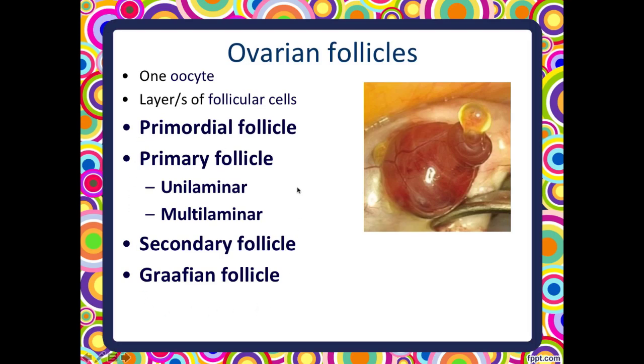These are the stages of development of the ovarian follicles. So first are the primordial follicles, then the primary unilaminar, which is one layer of cells, multilaminar primary follicles, then secondary follicles, and the Graafian follicle, or sometimes called the tertiary.